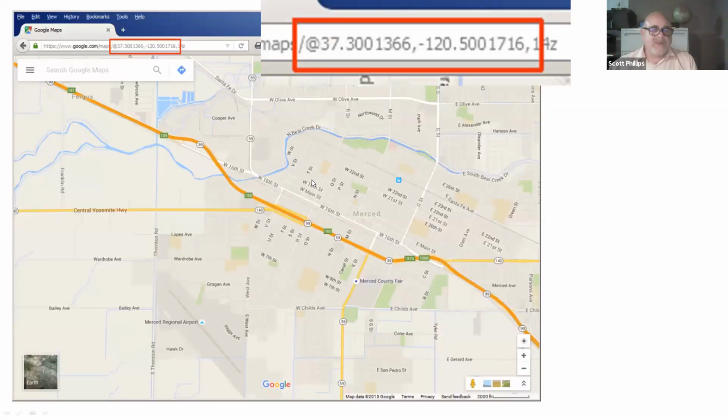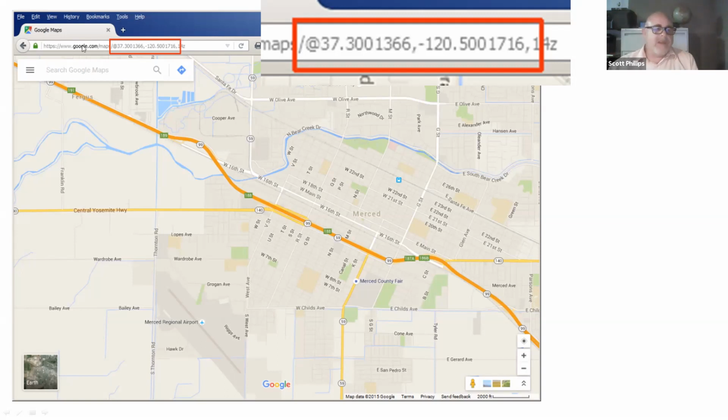This is a screenshot from Google Maps of the area around Merced, California. And you can see here too, it's a different way of describing it. If you're using Google Maps, you may see these numbers on the screen that change as you move around on the screen. But what it's doing is that the URL is actually, part of that is your latitude and longitude in the middle of your screen.